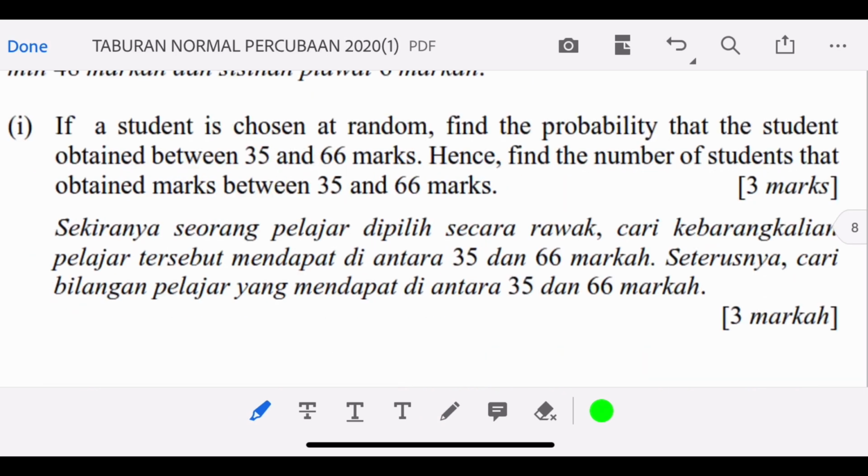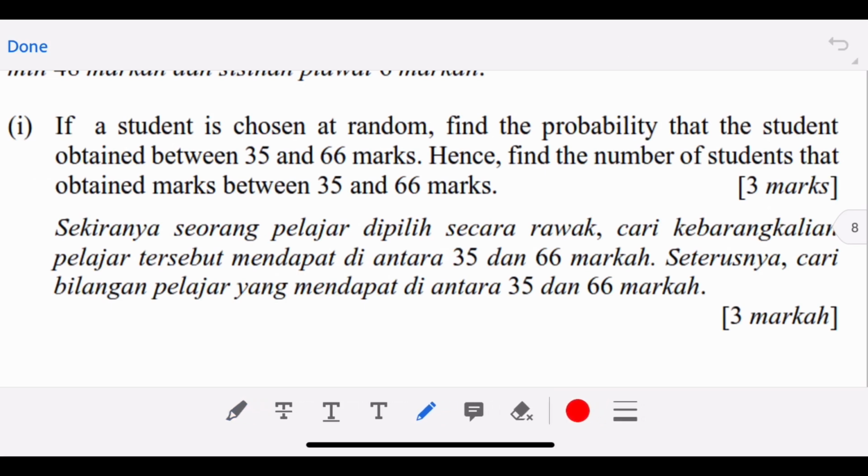Alright, now let's see what the question asks. If a student is chosen at random, find the probability that the student obtains between 35 and 66 marks. Hence, find the number of students that obtain marks between 35 and 66 marks. Again, we will highlight probability.